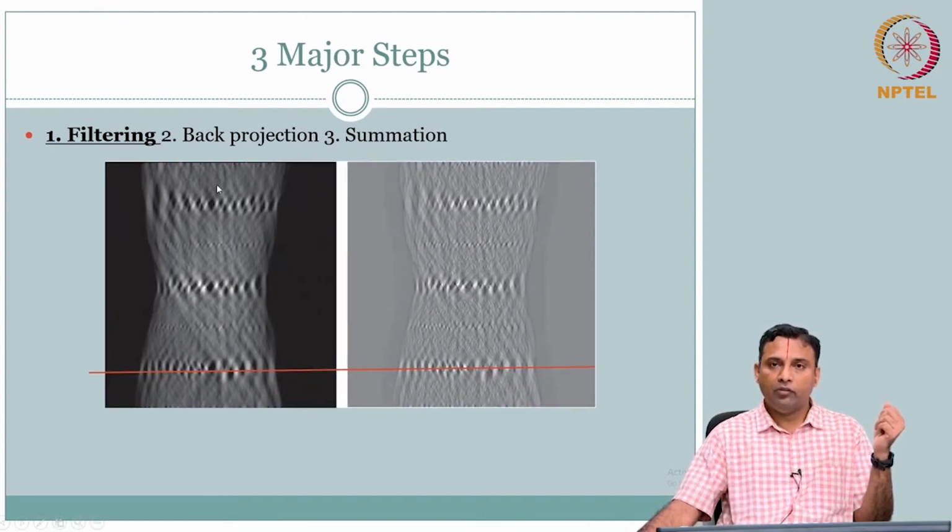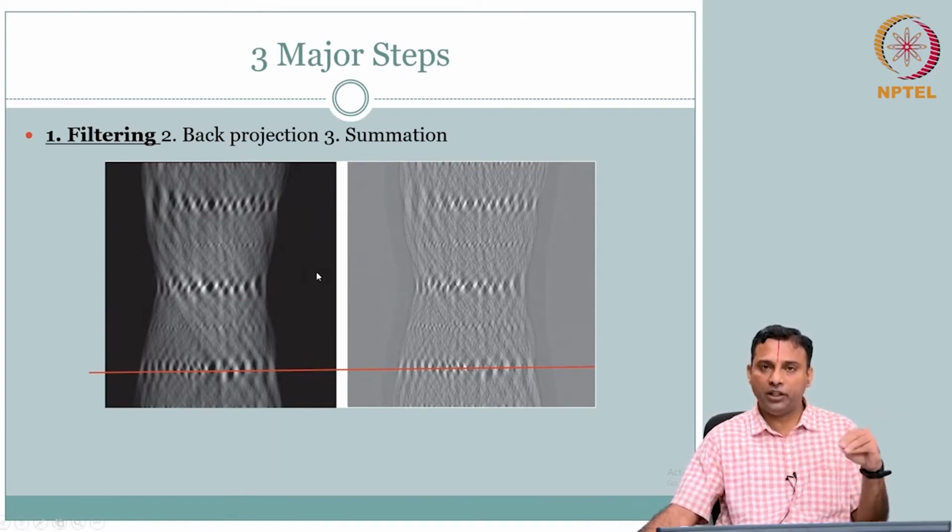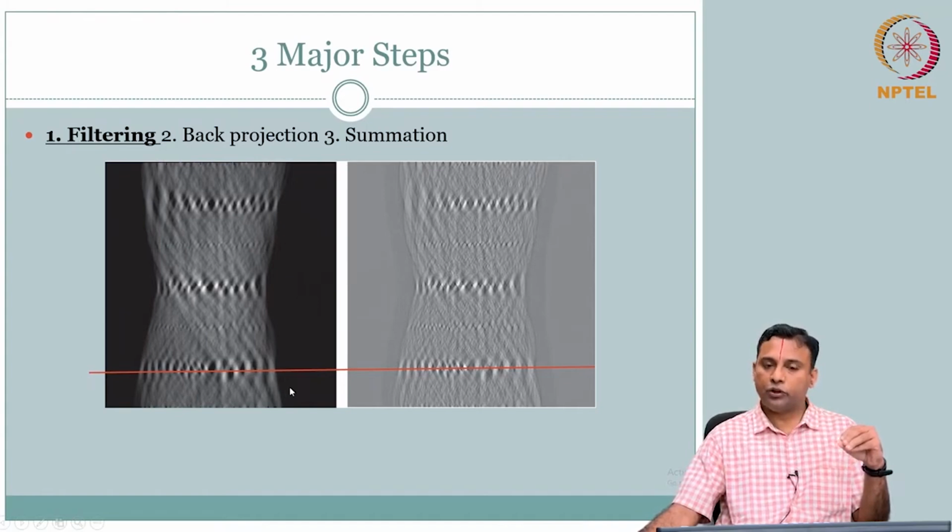And then when we did the reconstruction formally, we realized when you project this back by itself, you have a hazy picture, and that is not appropriate. So what we need to do is take a projection and apply filtering. After you do that line by line, for every view angle, whatever projection you get, you do the filtering, you get a sinogram like this.